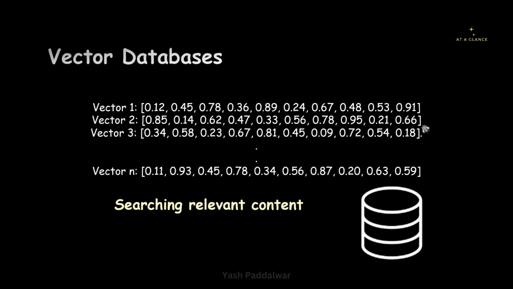So it performs a linear search. So now if we have millions of such vectors, it has to go through millions of vectors to find the exact match of the embeddings of the query. So do you think that is an efficient way? No, right? So this is one of the reasons why we cannot use relational databases for storing the vectors. And that is nothing but the similarity search efficiency.